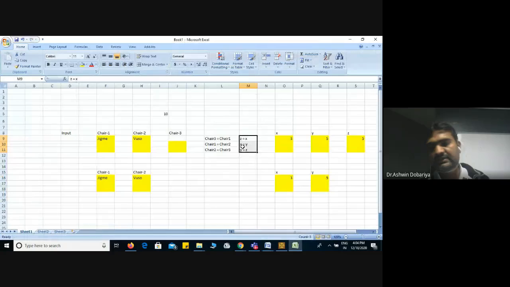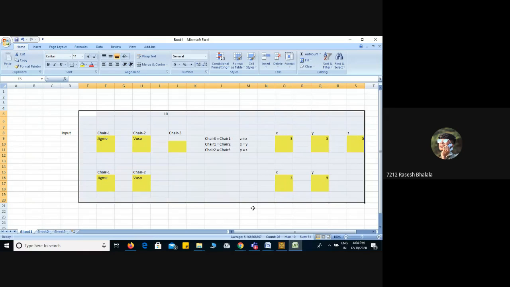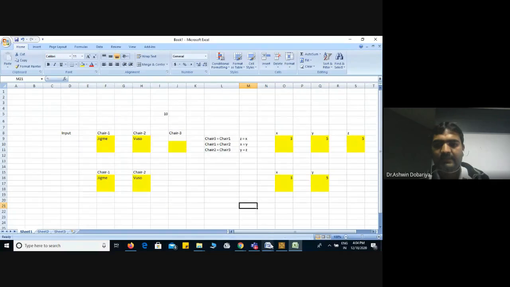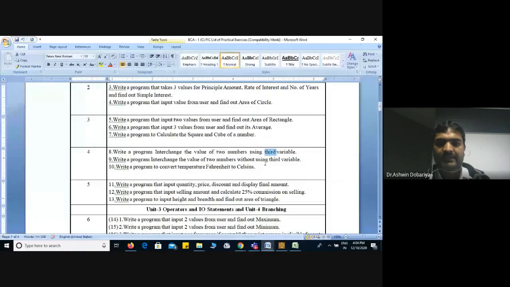If you want, you can take a screenshot of this rough work, so whenever you want to see it, you can. Try to write the algorithm and flowcharts.